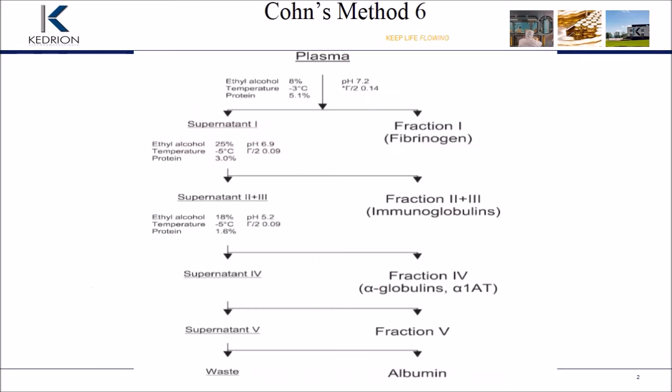are less aware of. Now, this is a scheme of the classical Cohn fractionation alcohol system, which is used historically to manufacture the main plasma derivatives, including immunoglobulin and albumin. As I shall refer to later in the talk, and this has been alluded to by Professor Quinty, there have been variations in this scheme over the years.